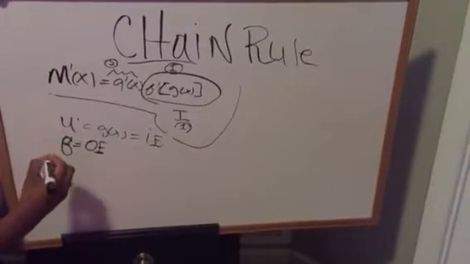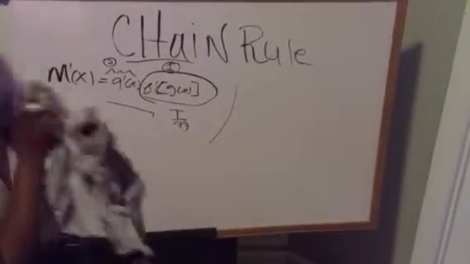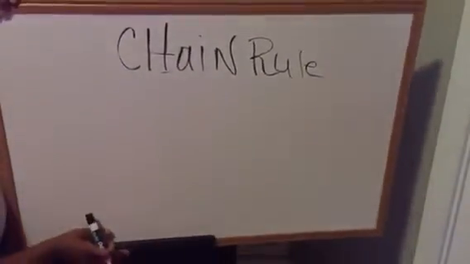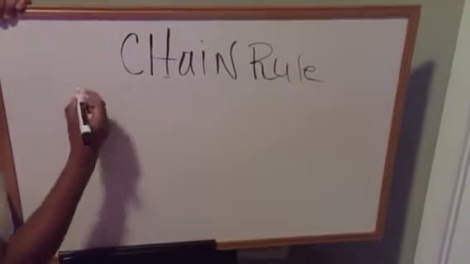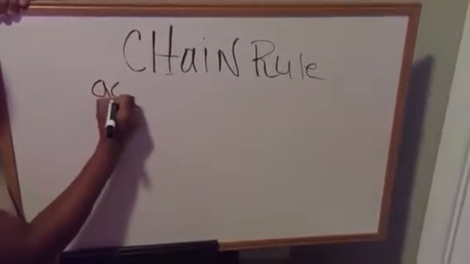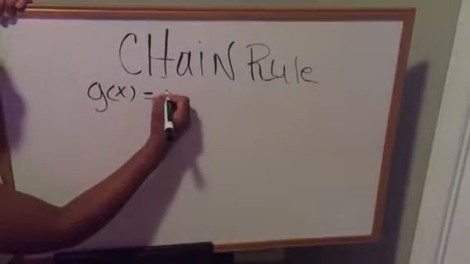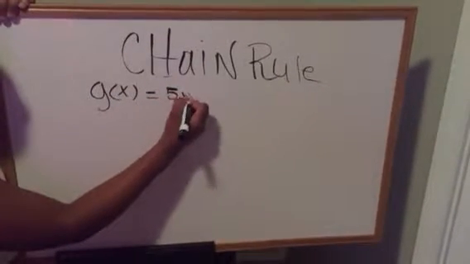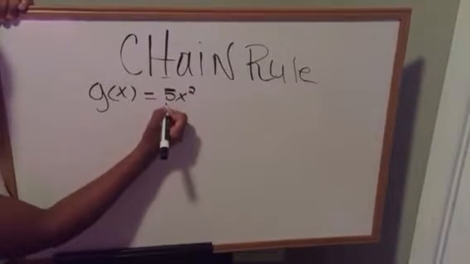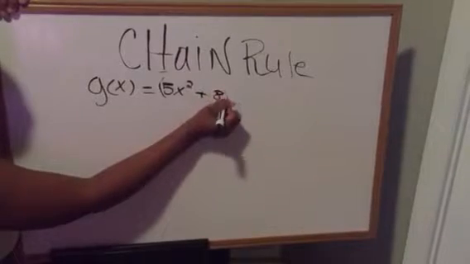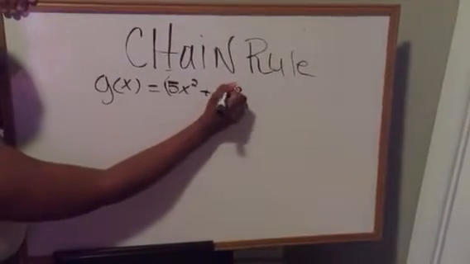Alright, so here's an example of how we can utilize the chain rule in working out math problems. Okay, so an example problem would be g of x equals 5x squared plus 8 to the 9th power.